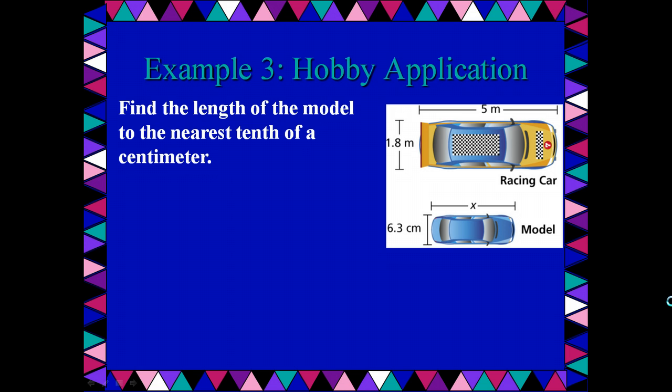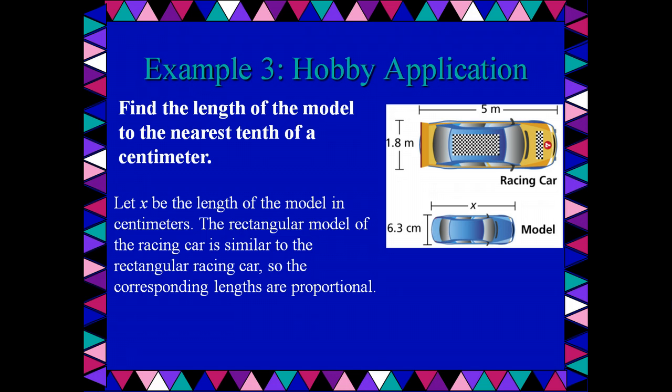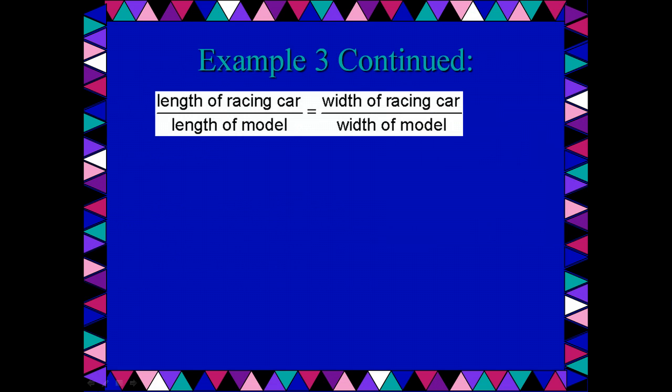Let's look at a hobby application. Find the length of the model to the nearest tenth of a centimeter. Let X be the length of the model in centimeters, and the rectangular model of the racing car is similar to the rectangular racing car, so the corresponding lengths will be proportional. We then make ratios with the length of the racing car over the length of the model, and the width of the racing car over the width of the model.